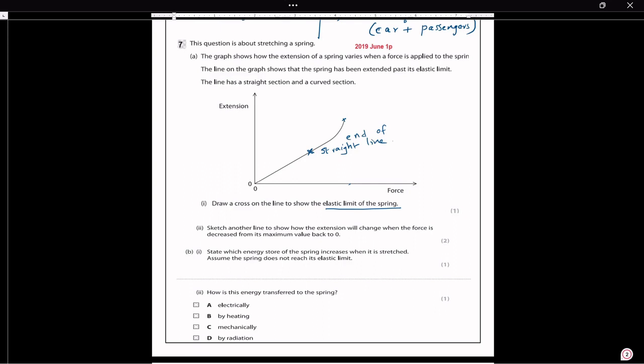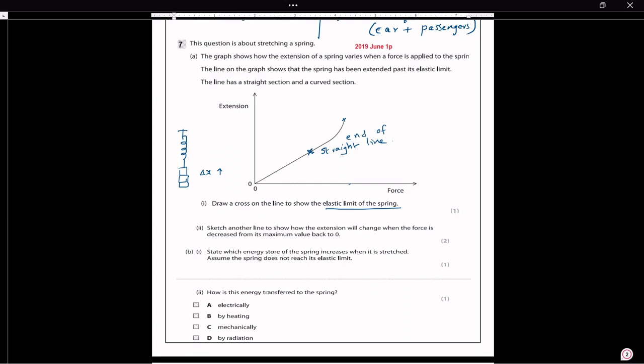Similarly, when you are removing the load, the extension is slowly decreasing. That sketch only they are asking. For a spring, as you go on adding the masses, extension is increasing. Delta X increases. Similarly, when you are removing the load or mass one by one, the extension will decrease. Okay.